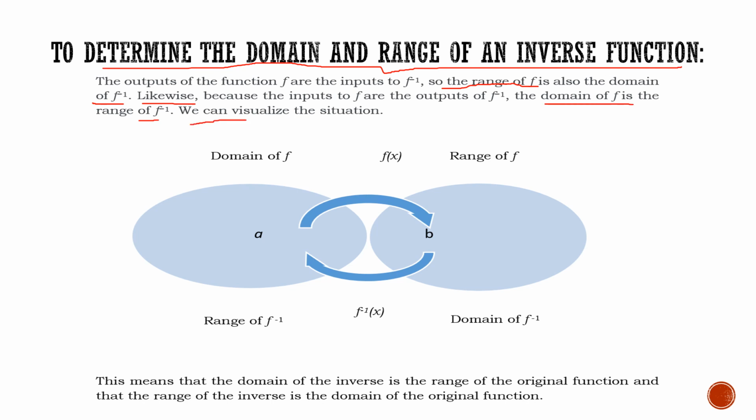We can visualize the situation using this representation here. From this figure, as you can see, if this is the domain and range of your original function f of x, whatever your domain in your original function will be your range in your inverse function, which is f raised to negative 1 of x.